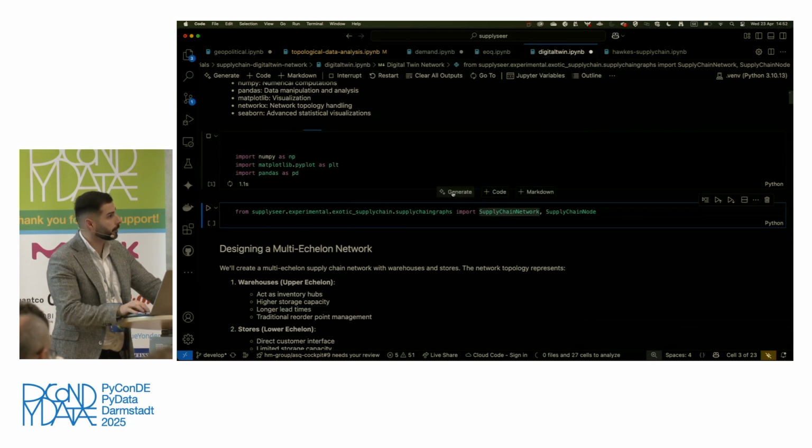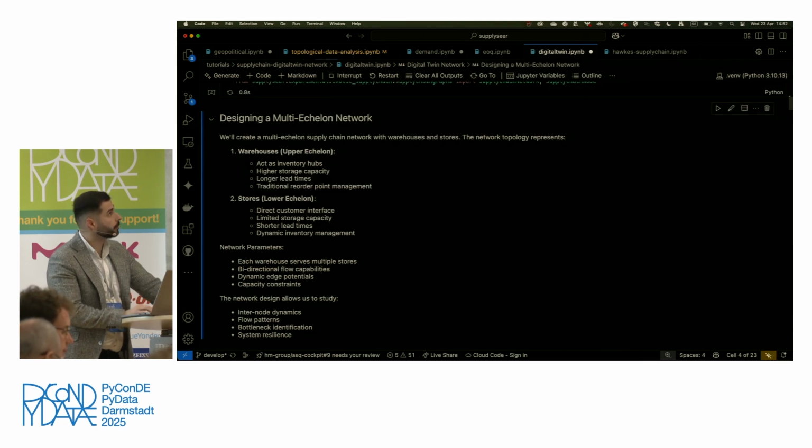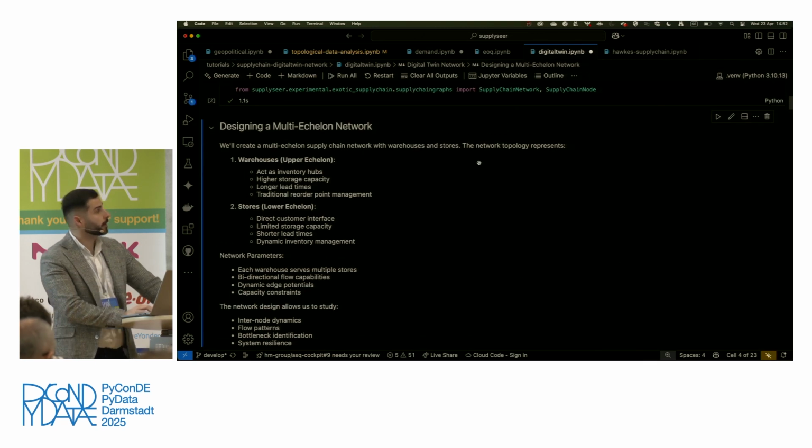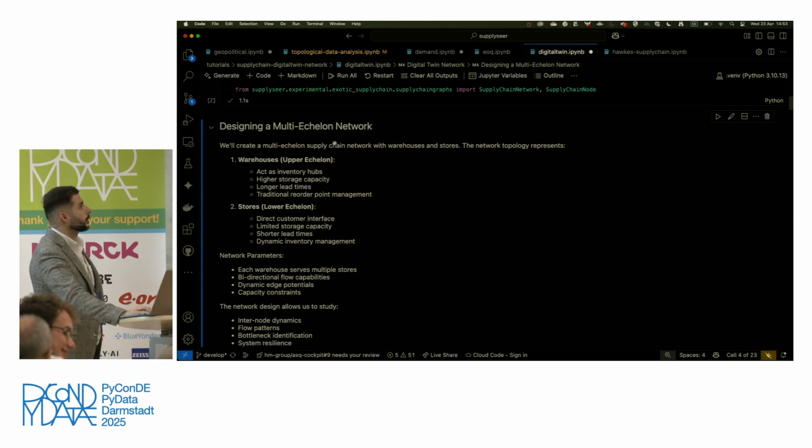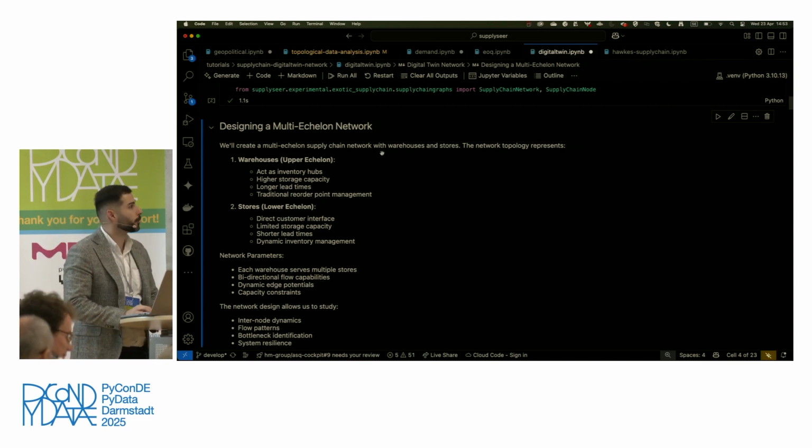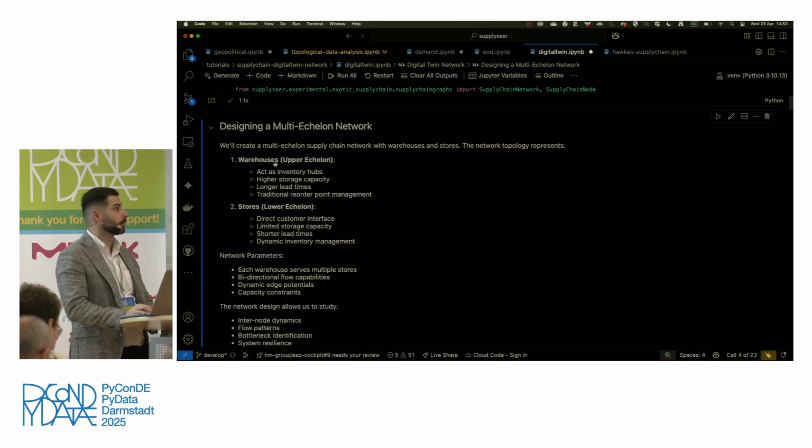We're then importing supply chain network, supply chain node. And as mentioned here, we're going to create a multi-echelon supply chain network with warehouses and stores. So the structure of our network will show us warehouses, the upper echelon, stores, lower echelon.